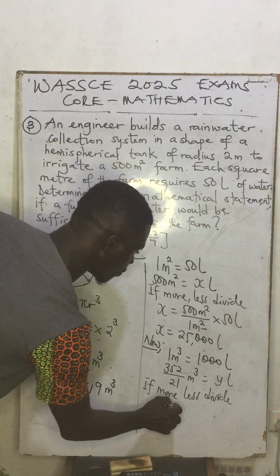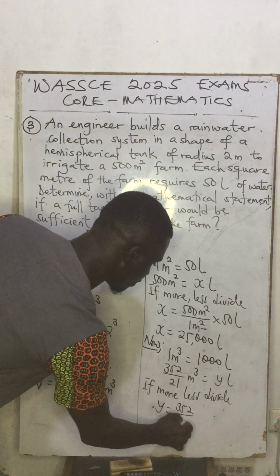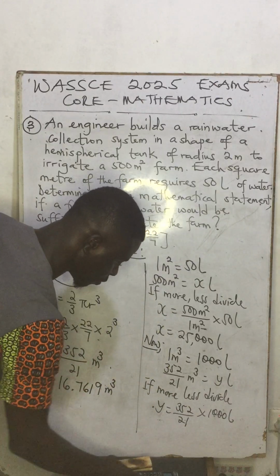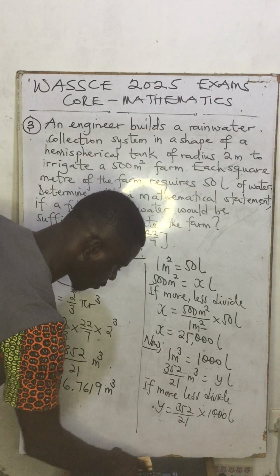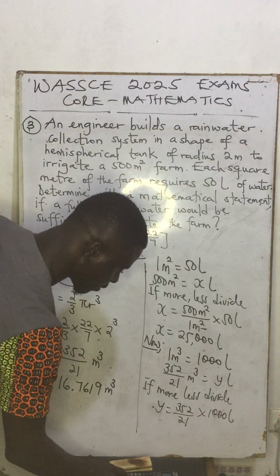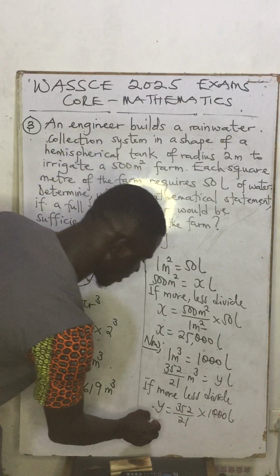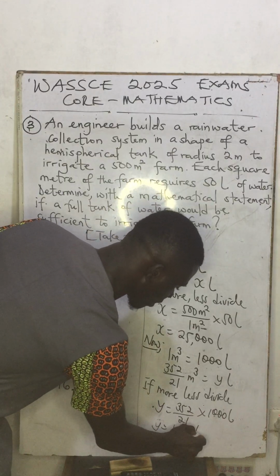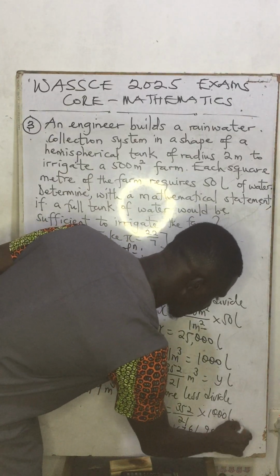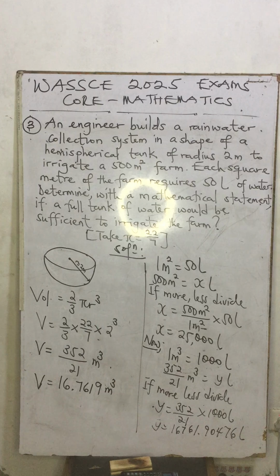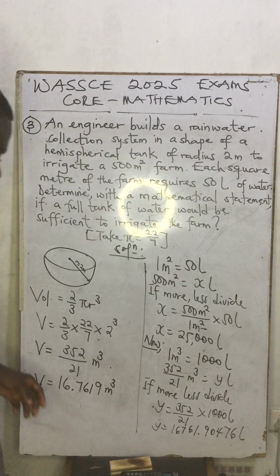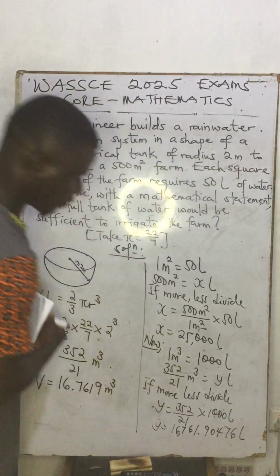So y will be equal to 352 over 21 times 1000 liters, and this is just 16,761.90476 liters.